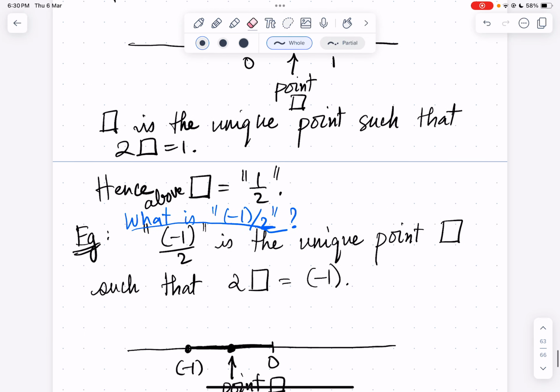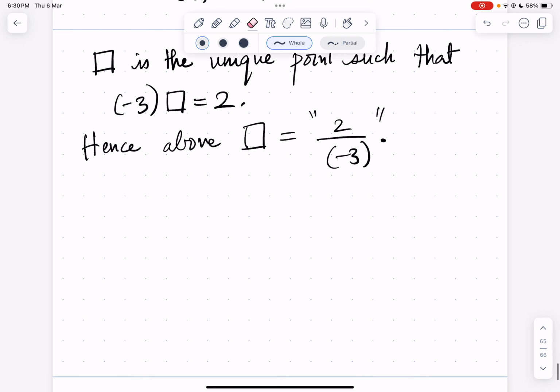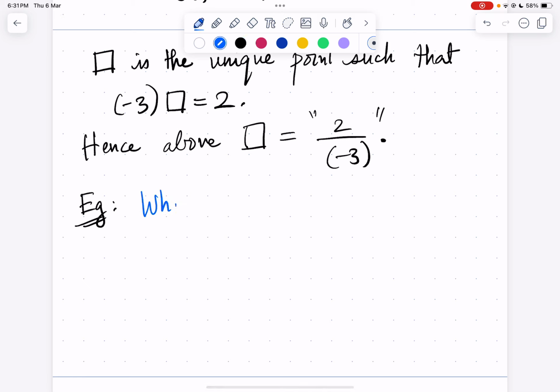So these are specific examples, 2 by -3, and we'll take another example just to clarify our intuition, where both numerator and denominator are negative integers: -3 by -4. What is -3 by -4?